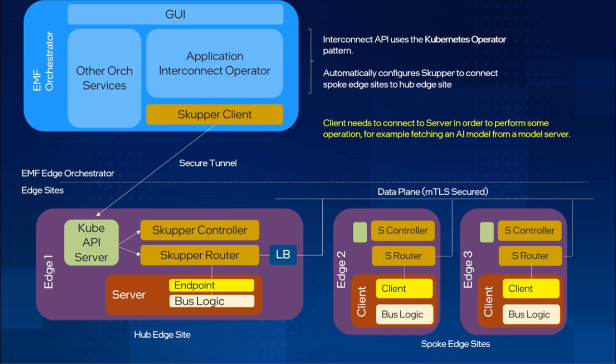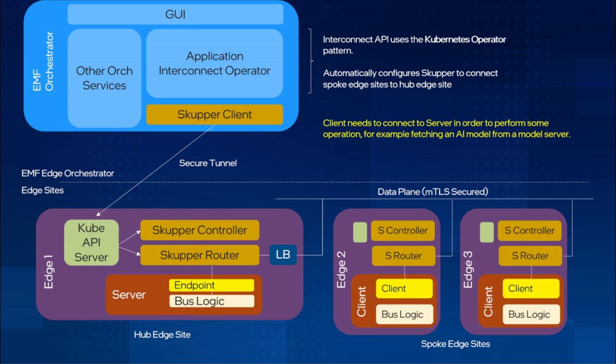When Skupper advertises the server, it will create a local service in the Kubernetes edge cluster on the clients that makes it appear as if the server is local to the client. So you can write client-server applications completely agnostic of this edge connectivity.